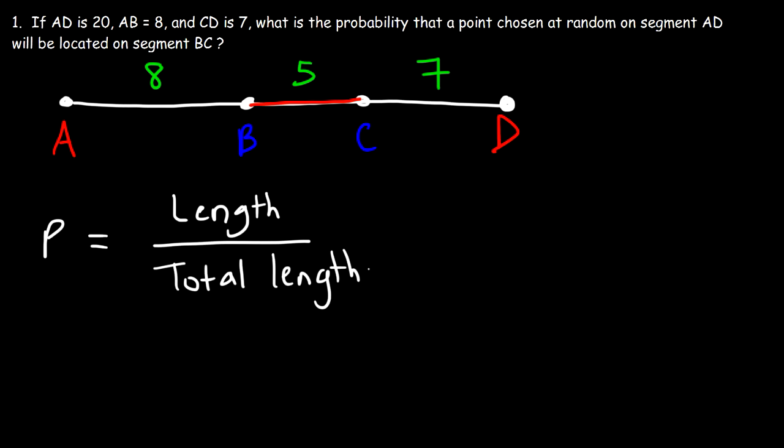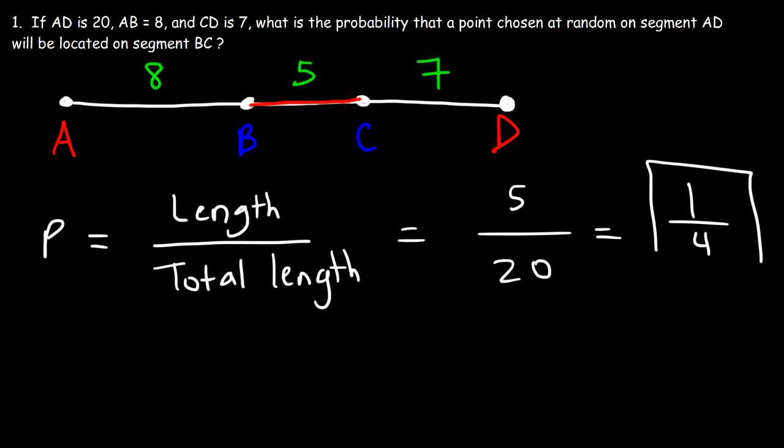So the point will be chosen somewhere between point A and D. So the total length is 20. And we want to get it between B and C, which is 5 units long. So the probability of finding a point on BC is going to be 5 over 20, which you could reduce to 1 over 4. So this is the answer.